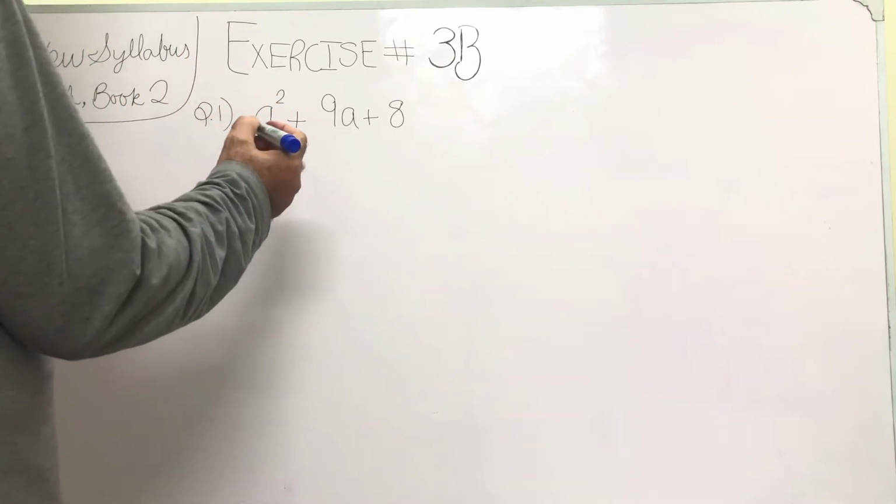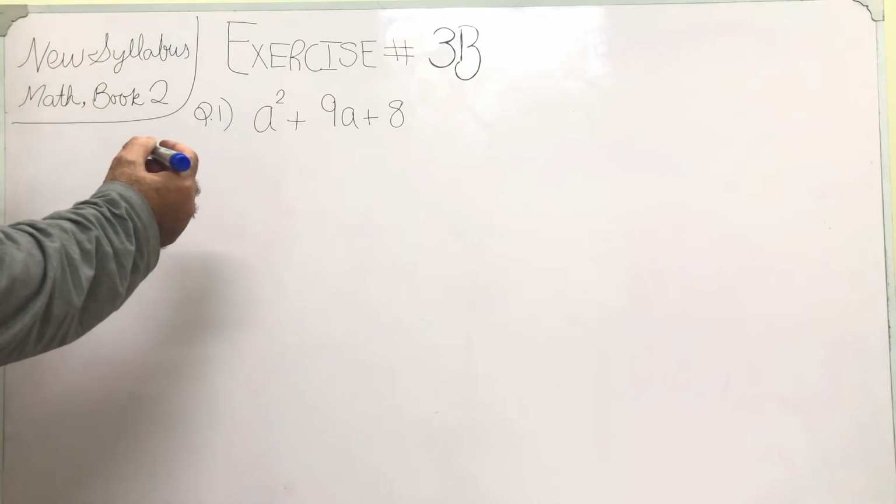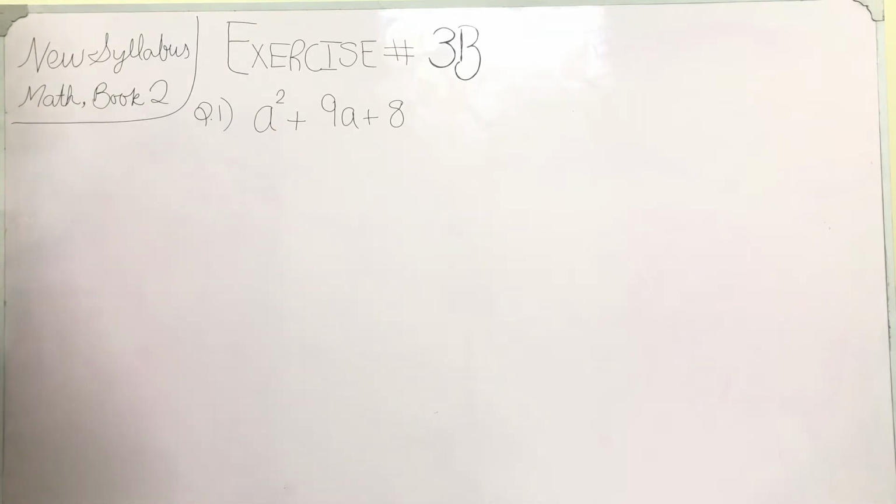First of all, we need to devise a standard method which fits all of the quadratic expressions to make your life easy. If we can develop one standard procedure which you learn, so that standard procedure you will be applying on all the expressions, so it will become easy for you.